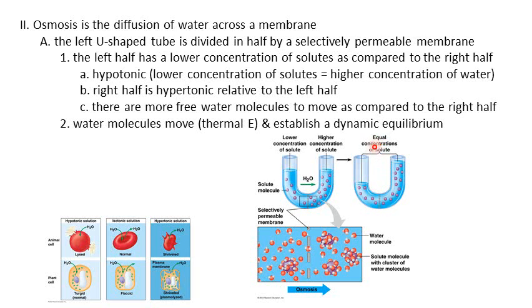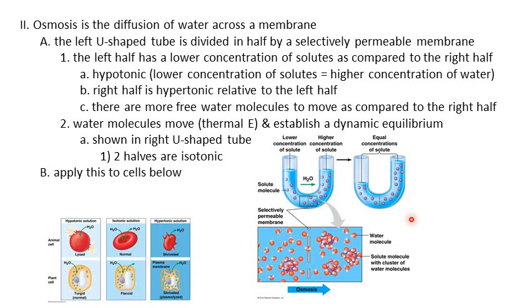They're equal in concentrations of the solute. So if you look at the number of solutes per unit volume, you're going to see that they're equal in that way. So that's what we have in the right U-shaped tube. We have dynamic equilibrium. And what we say about the two halves of the right U-shaped tube is we say these two halves are now isotonic. Iso means same. They have the same concentration of solutes.